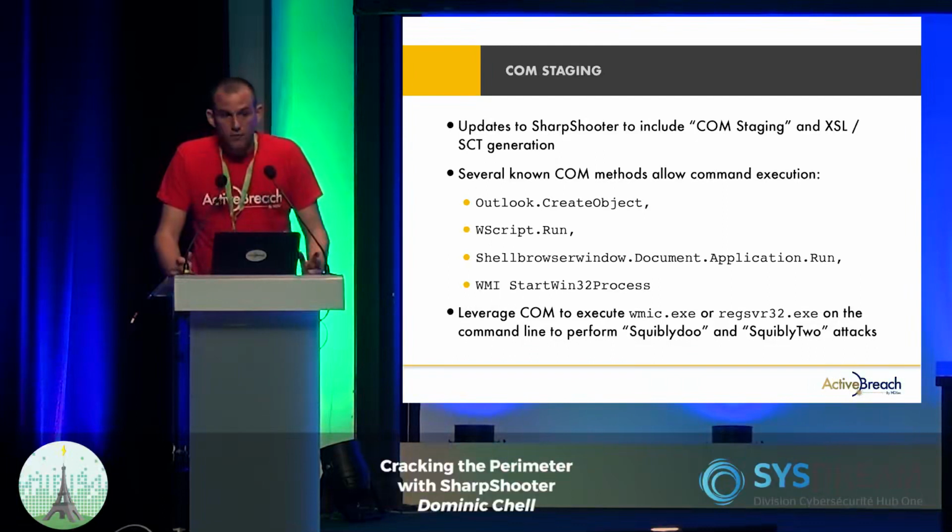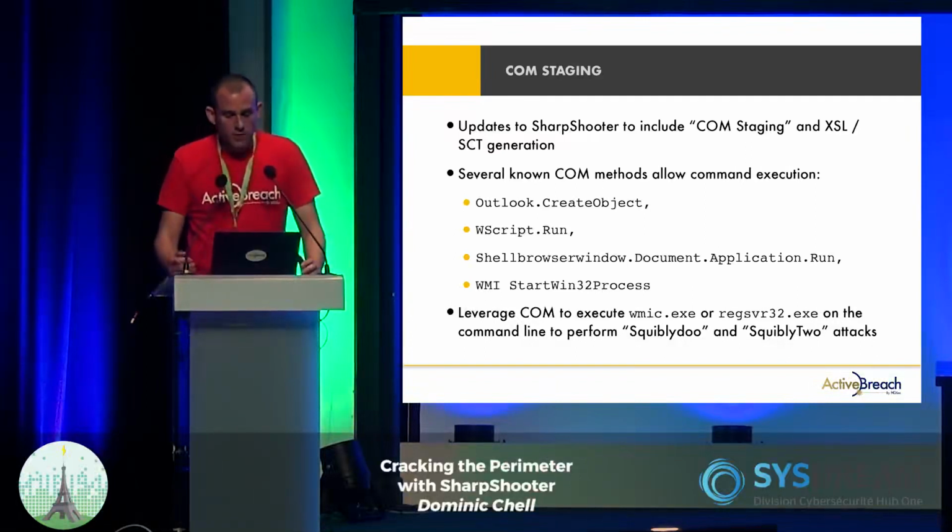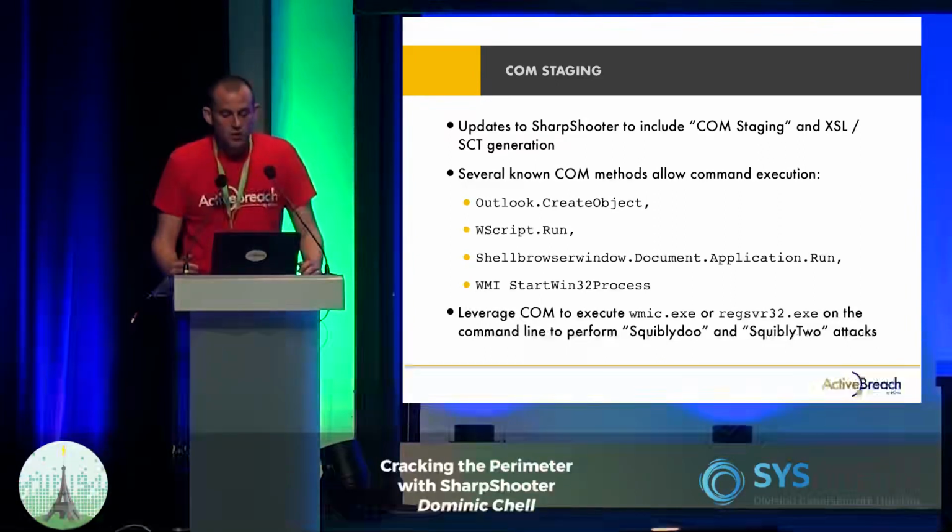So that can confuse EDR a little bit. And the WMI Win32_Process start COM object. I used these COM interfaces to execute WMIC or regsvr32 on the command line to perform one of the Squiblydoo or Squiblytwo attacks. And this worked reasonably well.